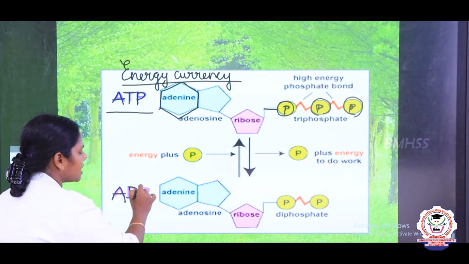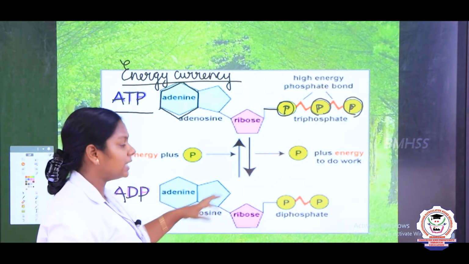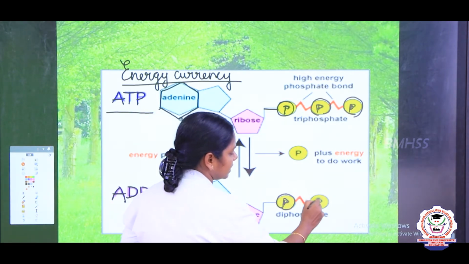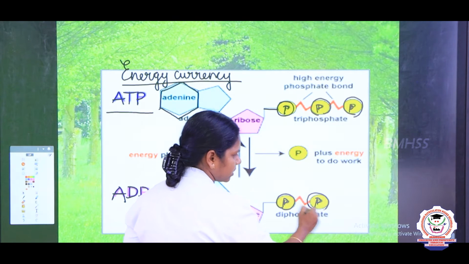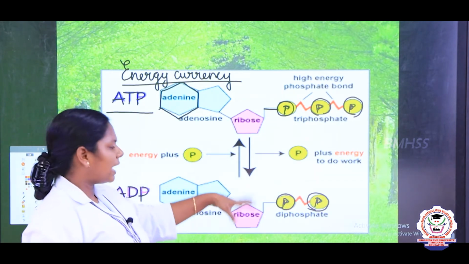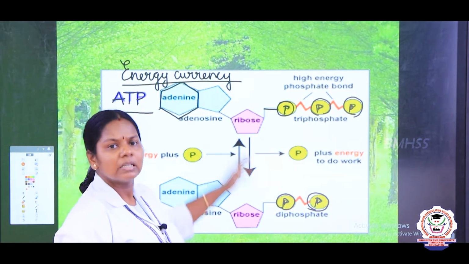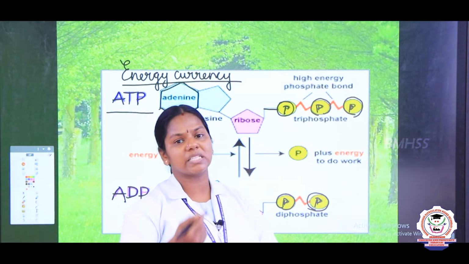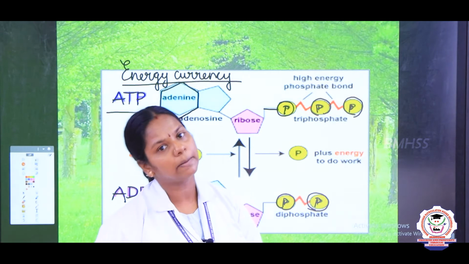What is ADP? Adenosine diphosphate. Just look into this, only 2 phosphates are there, right? So again it adds 1 phosphate and becomes ATP. So like this the energy is produced in the plants.